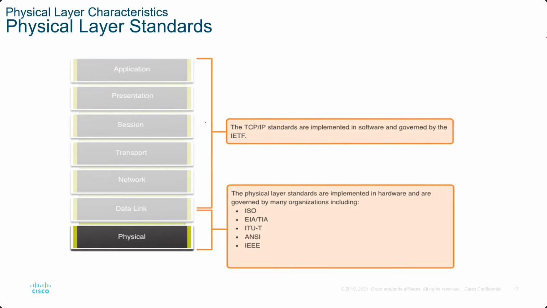First of all, these are the standards. We talked about different organizations that look after these standards to make sure that all the vendors and organizations creating computers and mobile devices for networking follow the same standard so that everyone can communicate together.